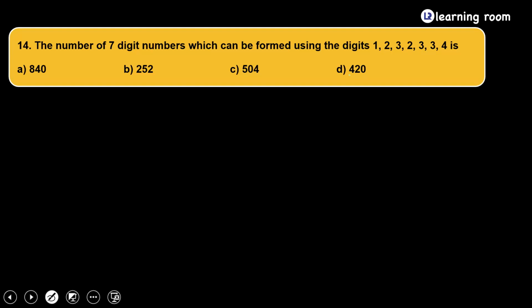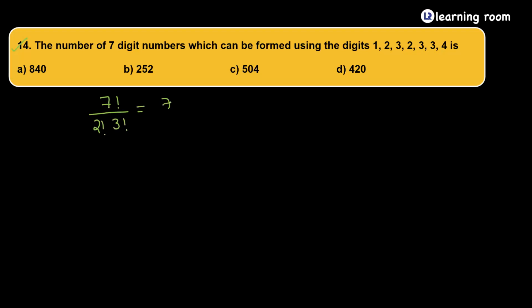Okay, I'll do it for the sake of others. Just give me a minute. The number of 7-digit numbers which can be formed using the digits 1, 2, 3, 2, 3, 3, 4 is? How much is it going to be? So 7 digits are given. So 7 factorial divided by 2 factorial, because 2 is repeating itself 2 times, and 3 factorial, because 3 is repeating itself 3 times.